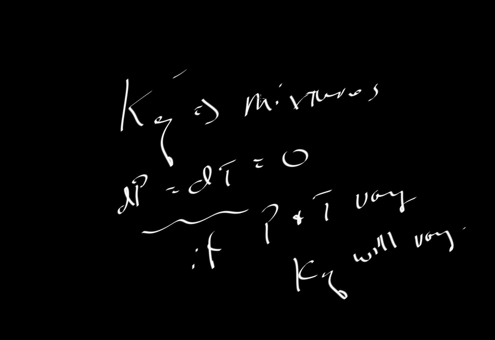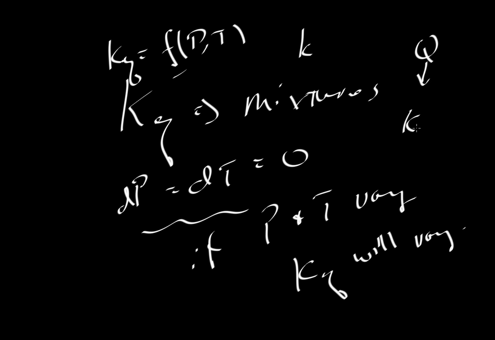It's not like a universal constant like Boltzmann's constant, the Coulomb's law constant, or the gravitational constant. It's not like that at all. KEQ can vary as a function of pressure and temperature. When pressure and temperature vary, we'd get different values of Q, and at equilibrium, those quotients would be what we call KEQ. So that's our derivation for this very important equation, that minus delta G naught is equal to RT ln KEQ.